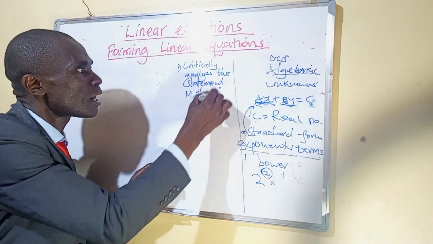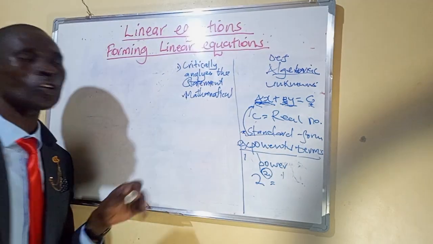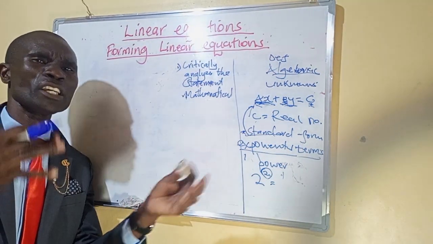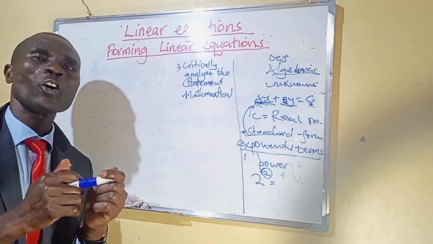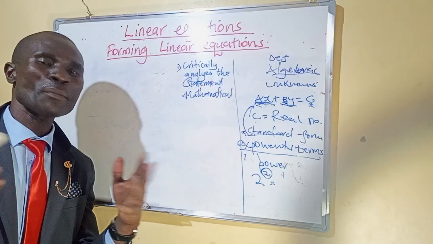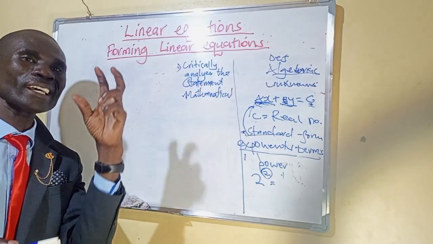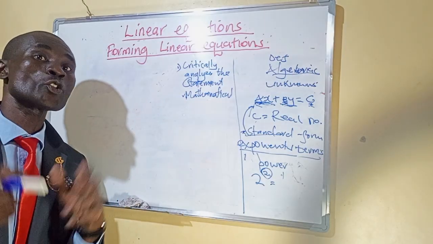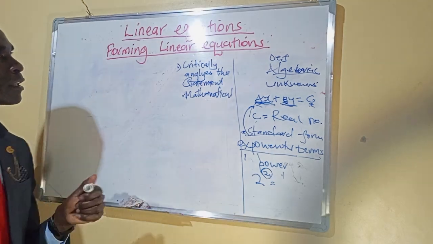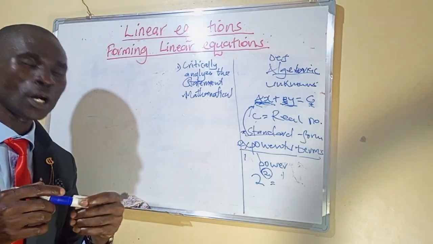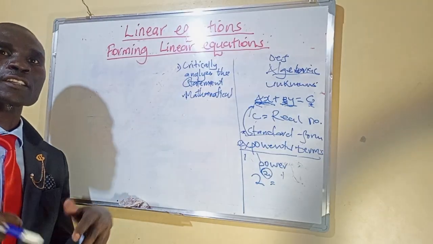The kind of English being used to bring out the whole issue should not worry you. You critically look at it, analyze the statement mathematically, and put every detail in order. Then go ahead to do the formation into its simpler form.